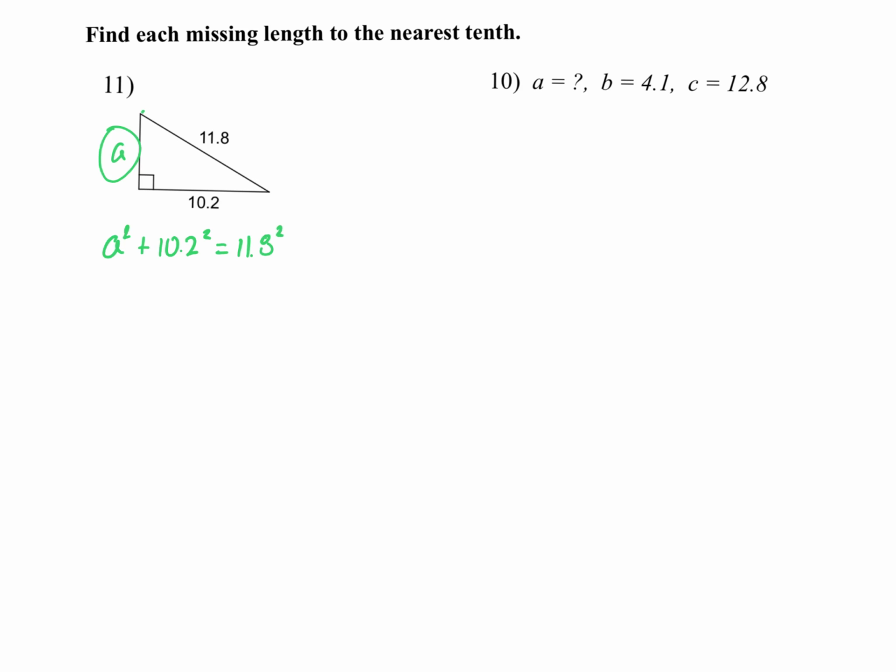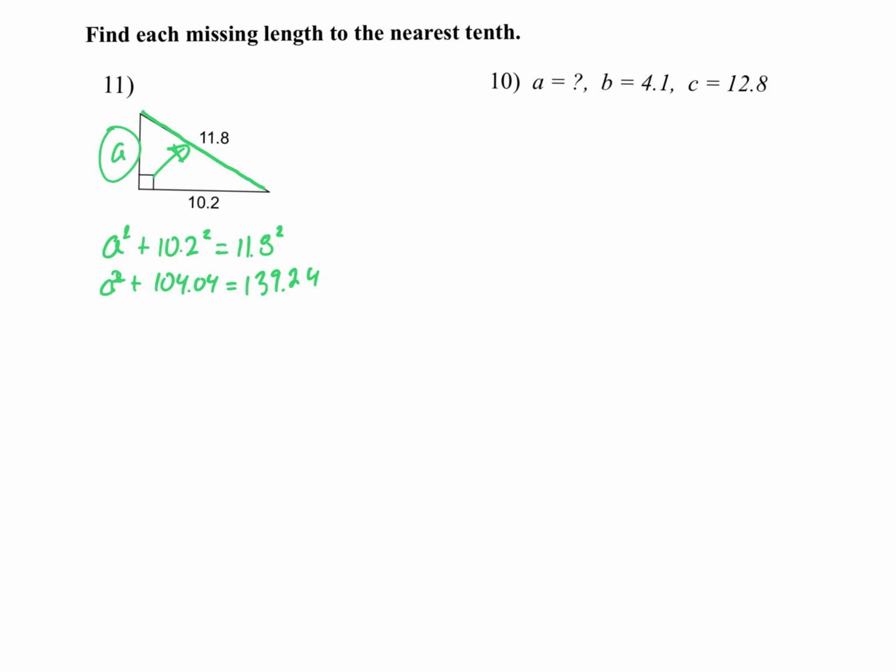Again, I know this side length is the C because it's across from the 90. So I'm going to go ahead and figure out what some of those are. 10.2 squared is 104.04. 11.8 squared is 139.24.